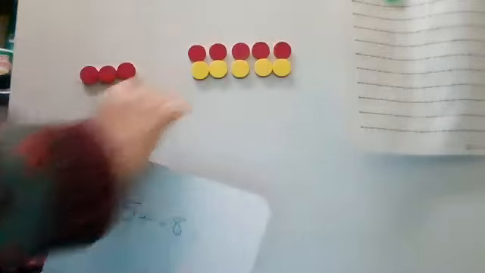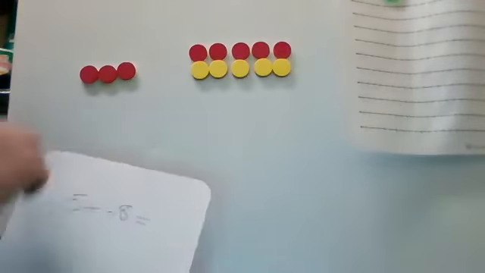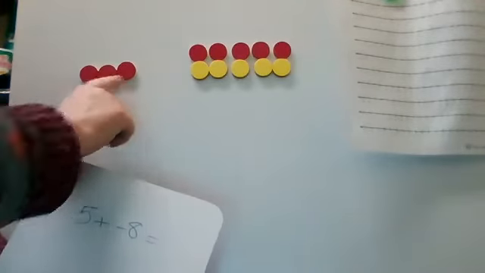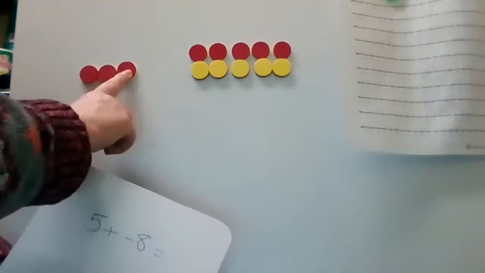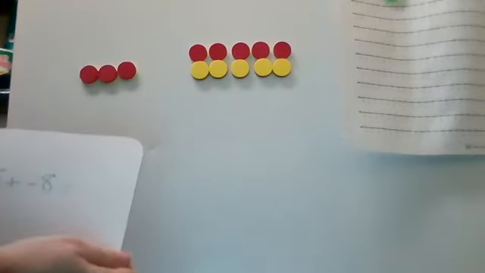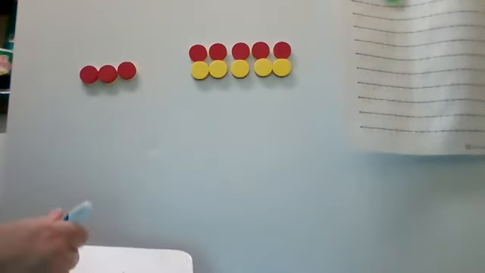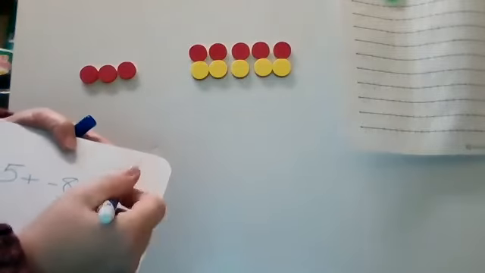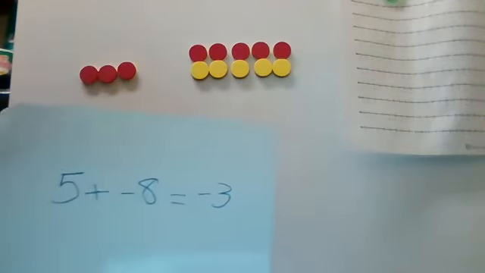So if I don't look at all those zeros and I just pretend they're not there, I really have 3 reds left. And those 3 reds are -1, -2, -3. So I have 5 plus -8 is equal to -3. Okay? Whoop, there we go.